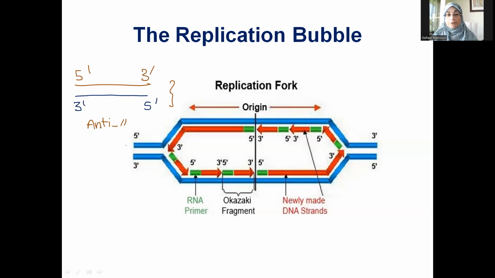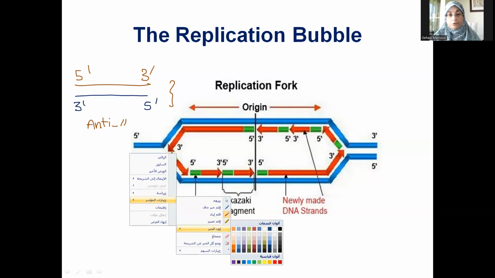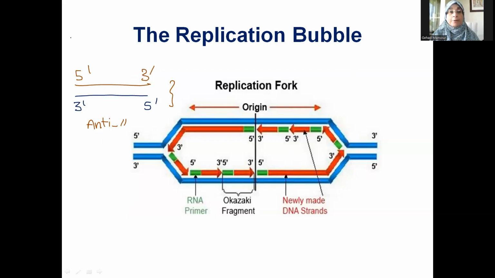Now, imagine that I'm drawing the whole DNA molecule. If this strand of the DNA molecule is 3' to 5', then the other strand definitely should be 5' to 3'.